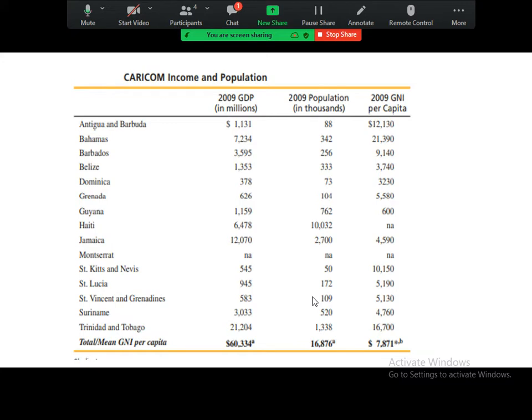However, CARICOM was largely stagnant during the first 2 decades of its existence. At its annual meeting in July 1991, members agreed to speed up integration, and a customs union was established with some common external tariffs.